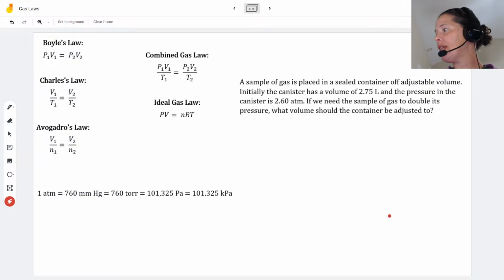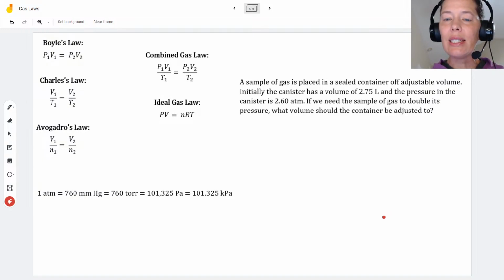Okay, so this question is: a sample of gas is placed in a sealed container of adjustable volume. Initially, the canister has a volume of 2.75 liters and the pressure in the canister is 2.6 atmosphere. If we need the sample of gas to double its pressure, what volume should the canister be adjusted to?